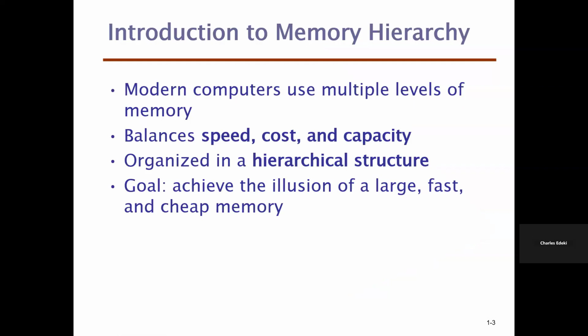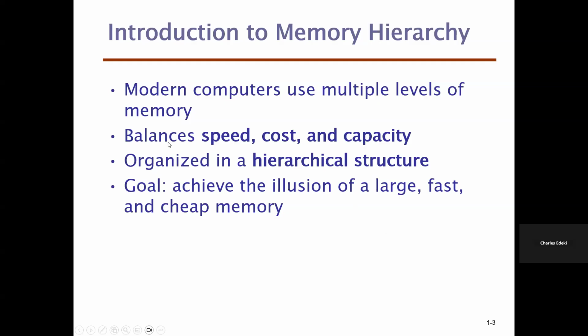One of the problems is that the main goal of a computer designer is to come up with a very good memory. A good memory means the size is very large, it is faster for the CPU to access, and of course, the price is less. Why do I mention this? We can't do that. That is impossible.